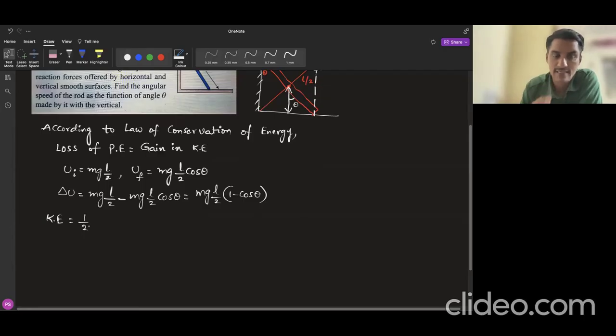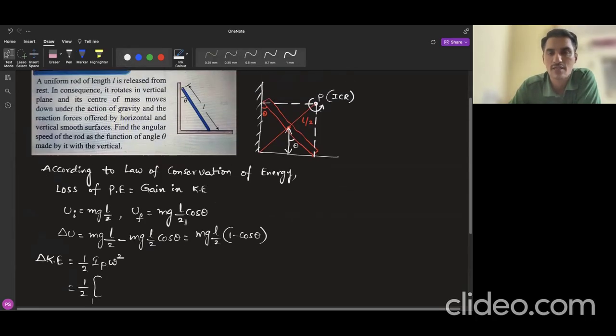Now final kinetic energy I'm taking. Delta KE, let us write directly. Half into Ip into omega square. Now finding Ip is important. How to find that Ip value? What is moment of inertia with respect to that point? We can take parallel axis theorem, right?